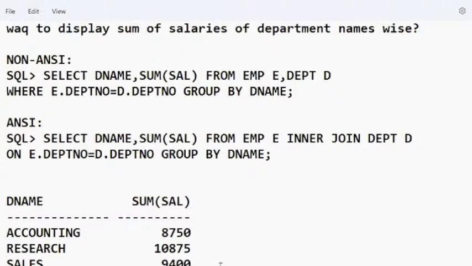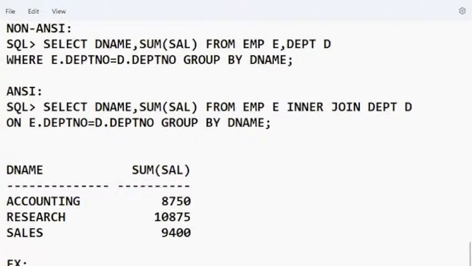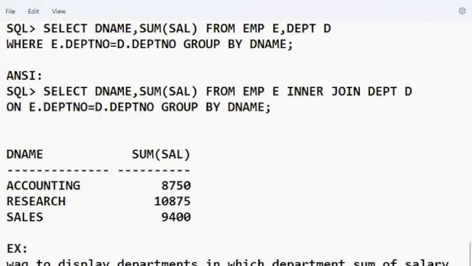Okay, right. And take one more example on this. Write a query to display departments in which the sum of salary is more than 10,000.